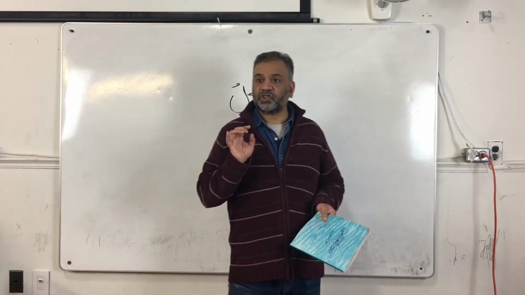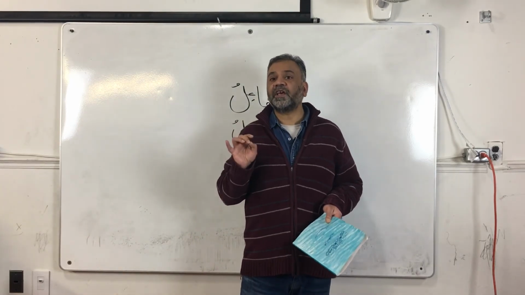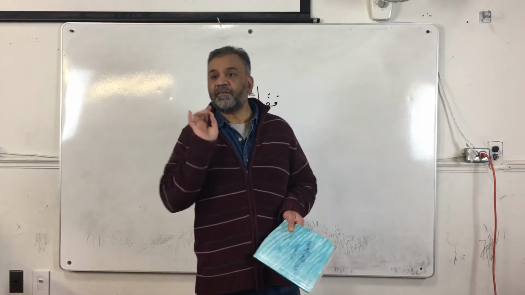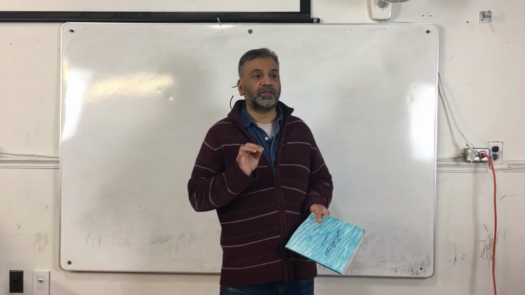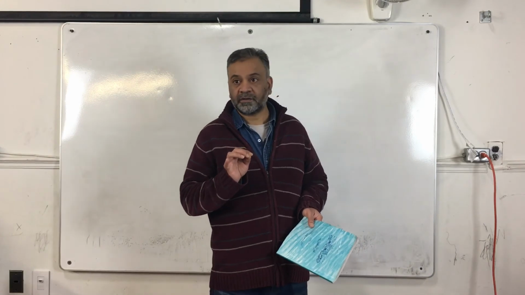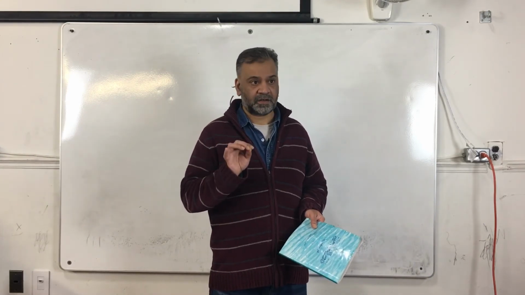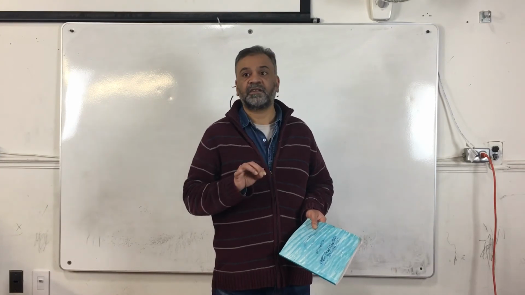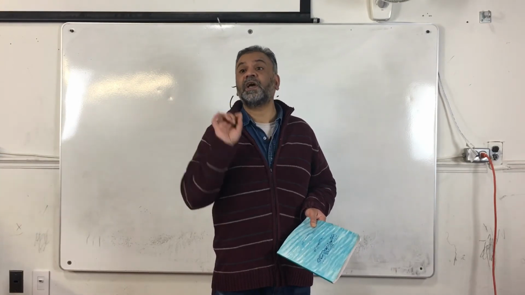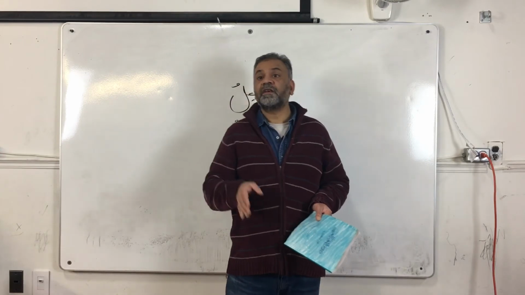And when I say kharaja, is there an action present there? Yes, the action of leaving. Who is the doer of the action? Huwa, mustatir, hidden inside kharaja, right? So it is a complete jumla failure.